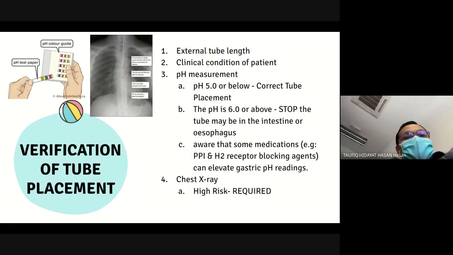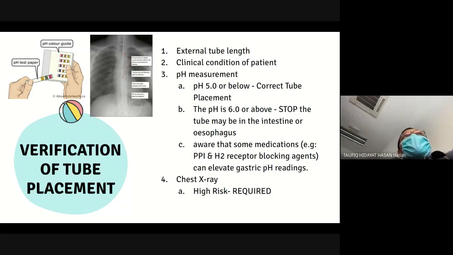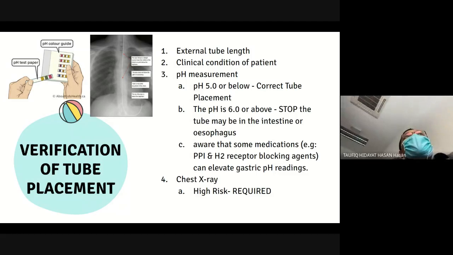Alright. And then another one usually because OGT tu we usually insert with others lah. For example ETT, and then usually in neonates tu yang kerap tu umbilical artery or vein catheter.